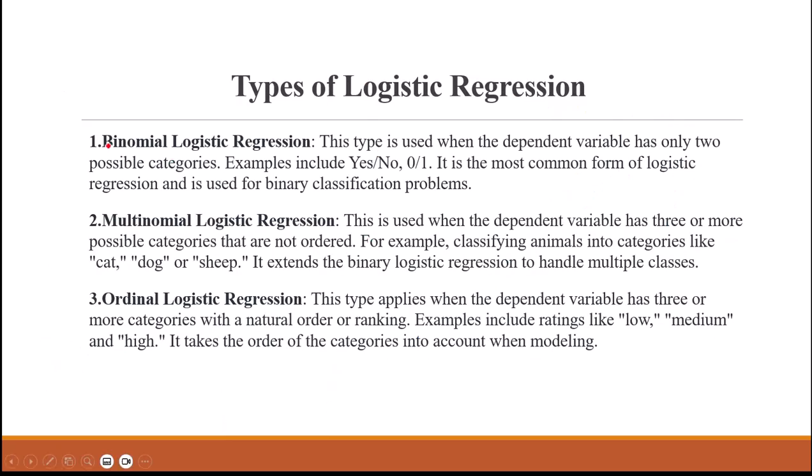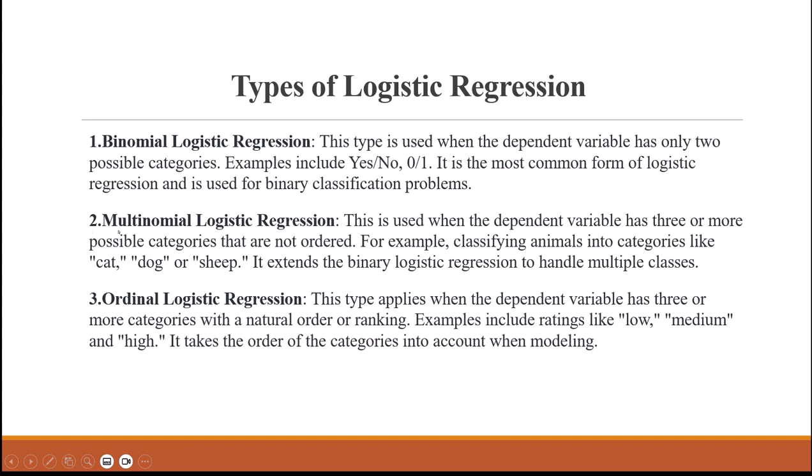Now, like linear regression, we have different types of logistic regression. The first type is binomial logistic regression, where we have just two categories in our target variable, and we want to find the probability of those categories.